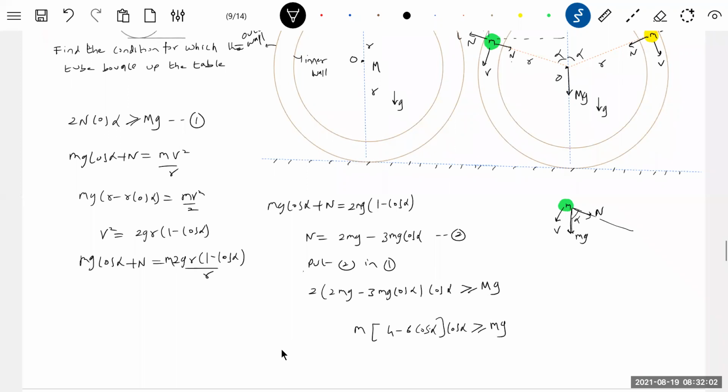Anything, cos alpha, can we write it as? Cos alpha is given for us, no? So the ratio of small m by capital M, four minus 6.